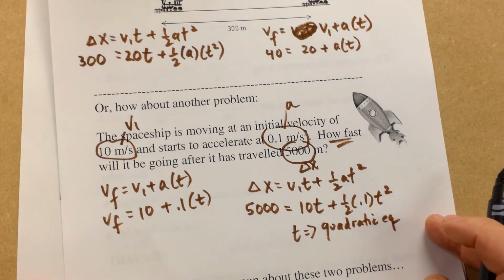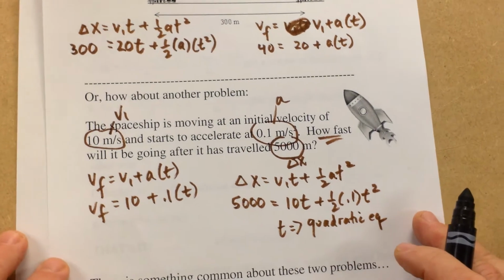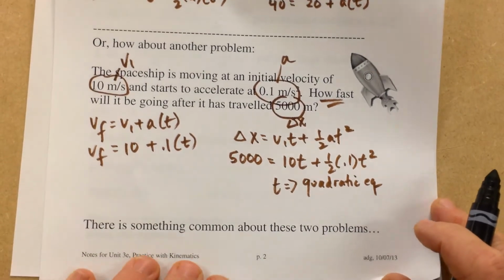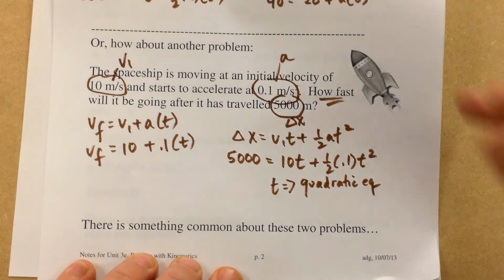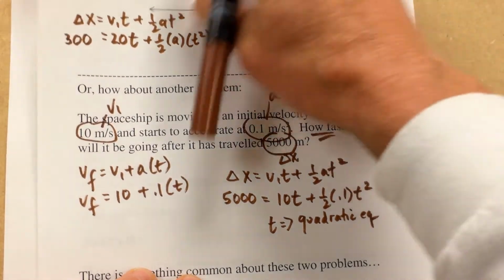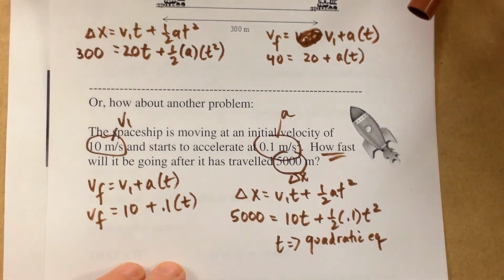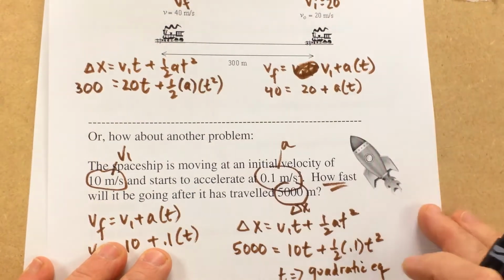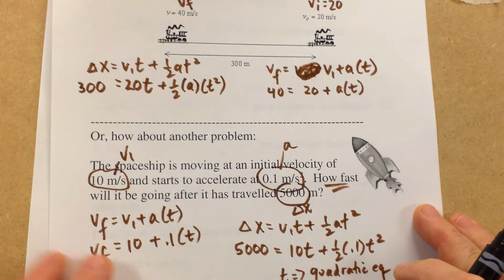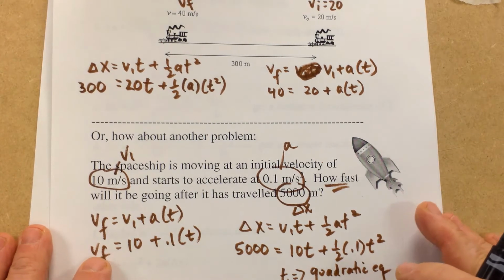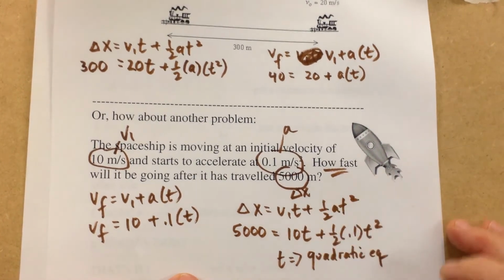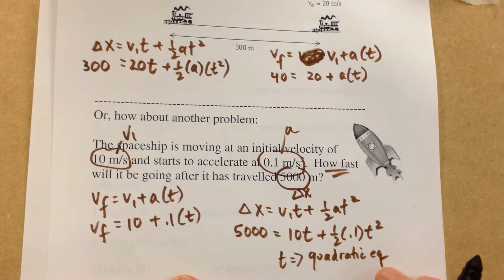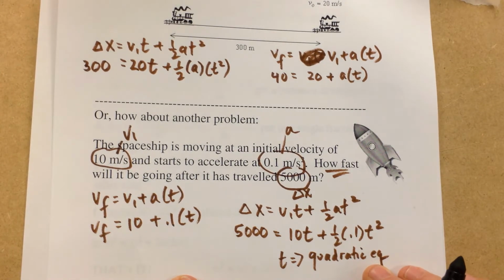In the first problem, the top problem, we really have two equations, two unknowns. We could work that out, but it would take a little bit of time. In this problem, we've got a quadratic scenario, which would also take a little bit of time.